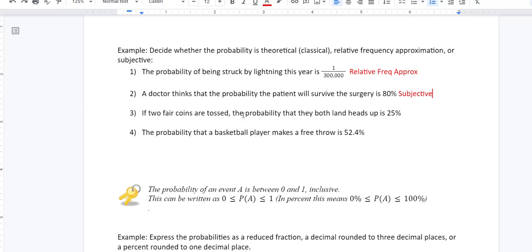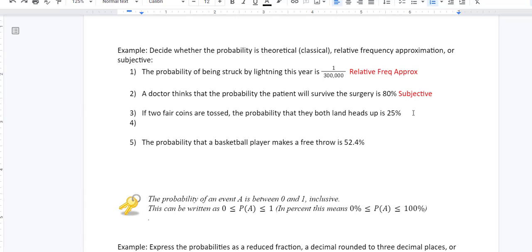So 2 fair coins are tossed, the probability that they both land heads up is 25%. So it doesn't necessarily say that a process has been repeated, right? Like the lightning, 300,000 is the total number of lightning strikes. So probably the classical approach, and we can make sure of this by finding the sample space.